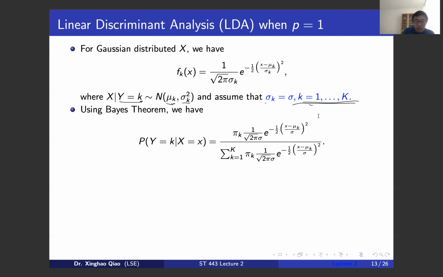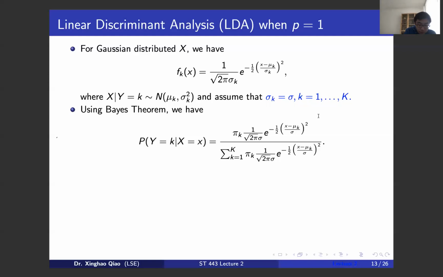Okay, so if this is the normal distribution, then we can easily write down the density function as follows. This is the standard deviation, and this is the mean. By the previous derivation, we may need to calculate, for example, the conditional probability.